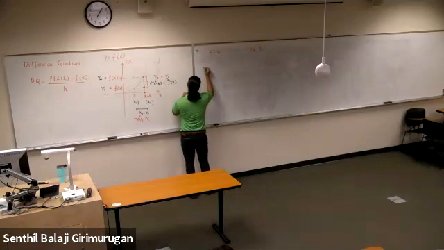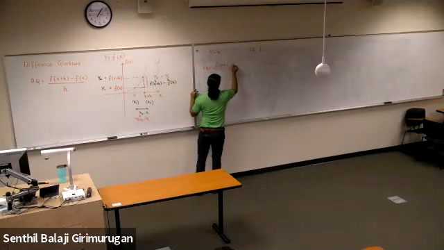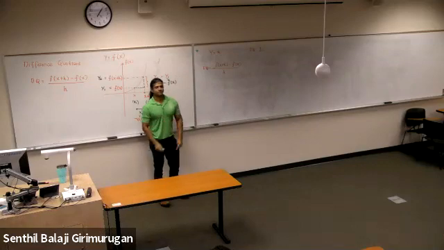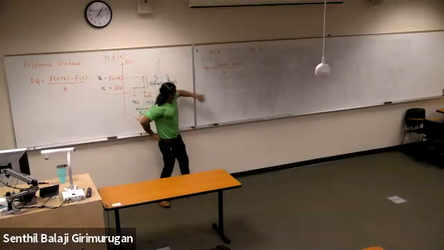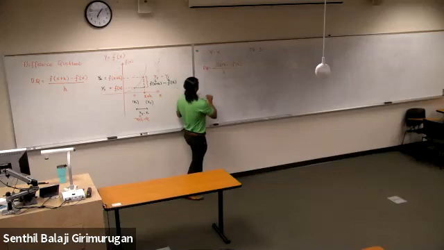Okay, put it in the formula. The formula says f of x plus h minus f of x divided by h. Yes? Taking x plus h, plugging it in there, what would I get for y? x plus h.